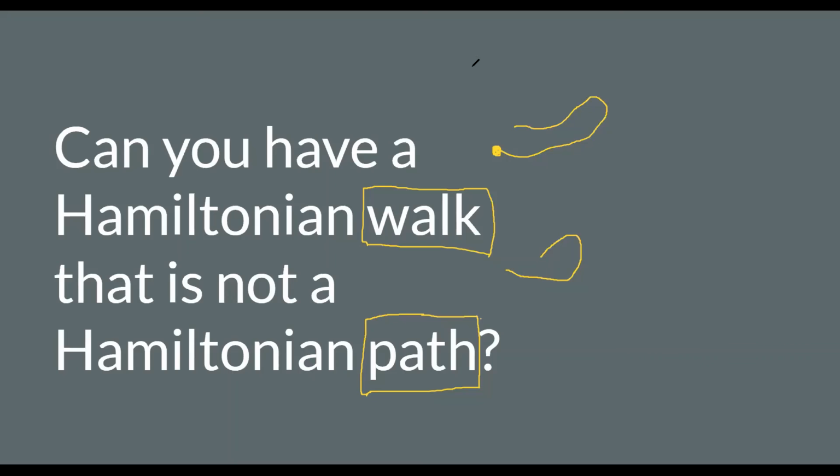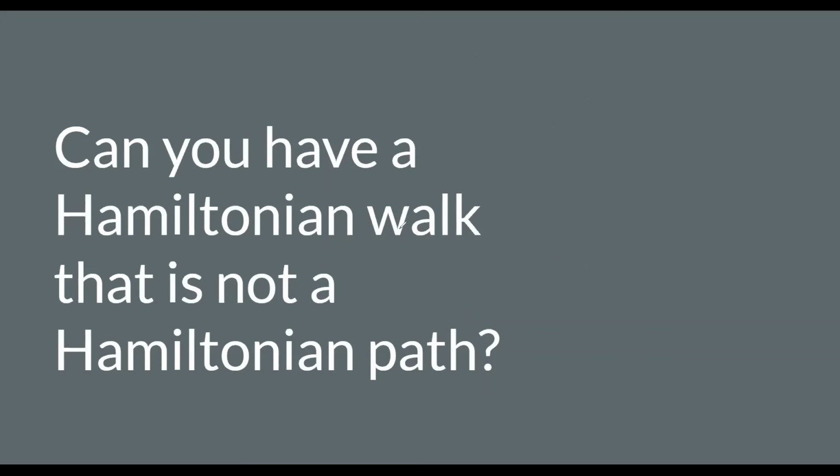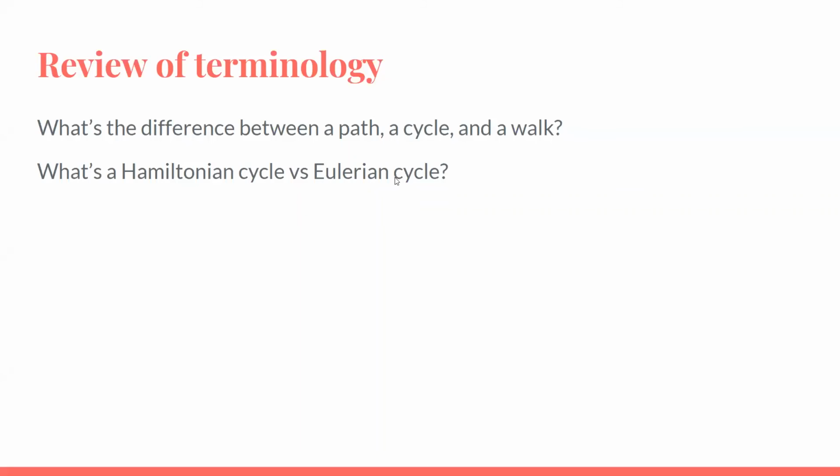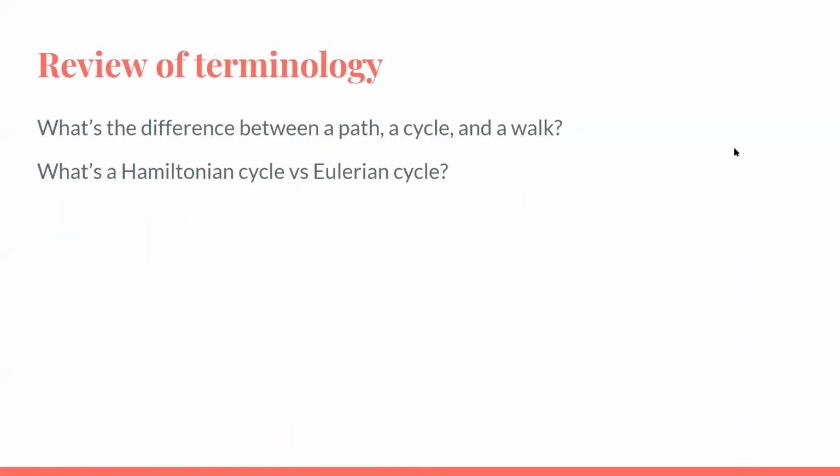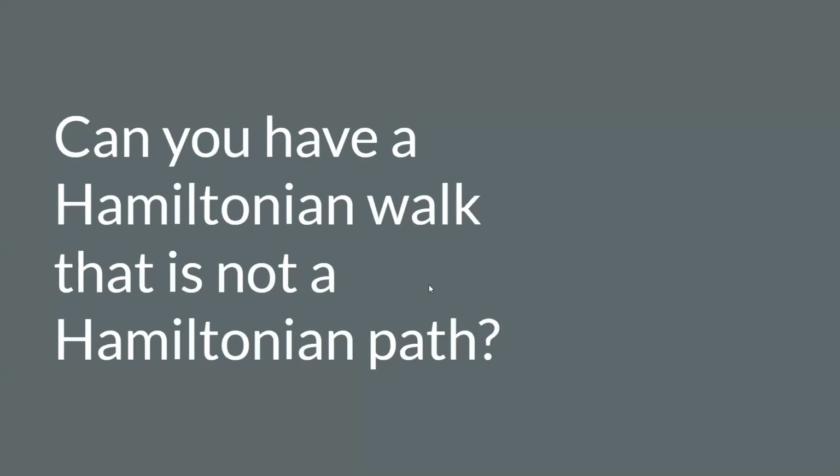Yes, I can repeat. All Hamiltonian walks are going to be Hamiltonian paths, and a Hamiltonian path is a path that passes each vertex exactly once. So remember, the answer to this question was that you cannot have a Hamiltonian walk that is not a Hamiltonian path.